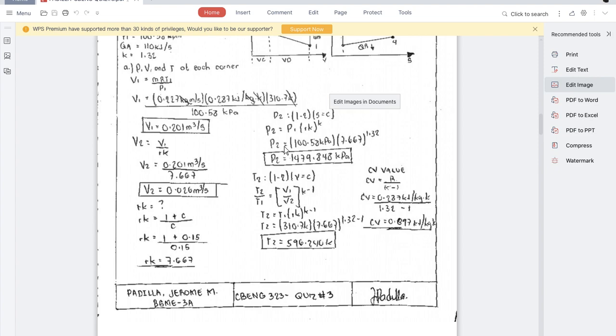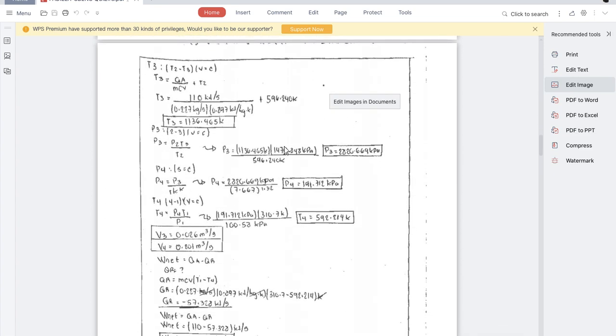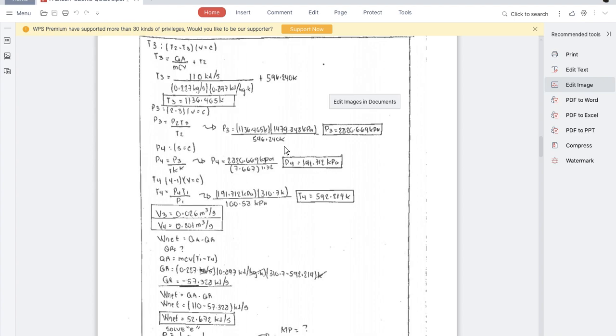For the T3, the formula is, for process 2 to 3, v equal to c, QA equal to m cv times T3 minus T2. The formula we will use is T3 equal to QA over m cv plus T2.